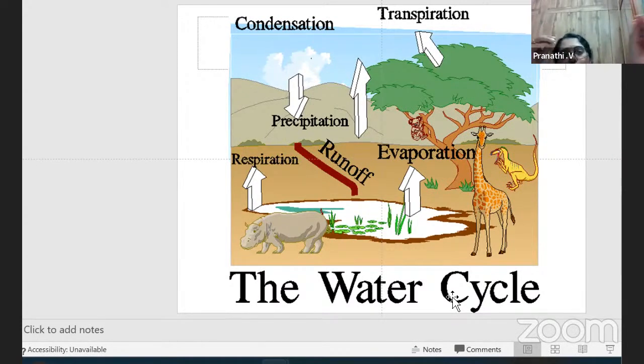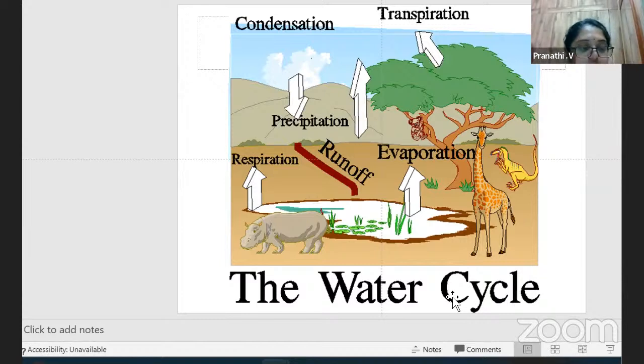So you have water that is being stored for thousands of years. This again falls onto the land as rain. So you have water coming onto the ground as surface runoff. So this is what happens in the water cycle basically.